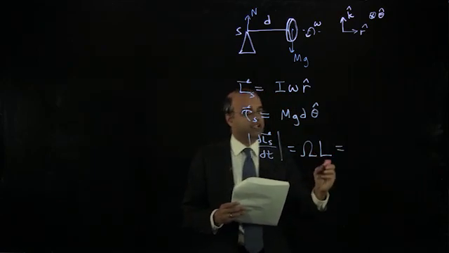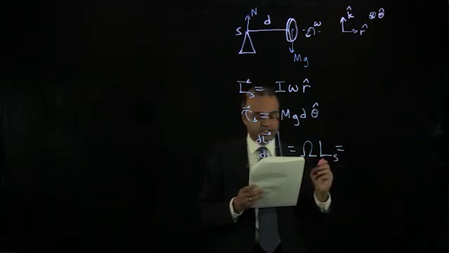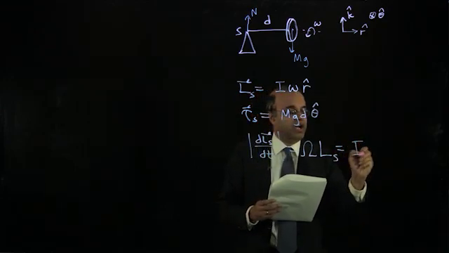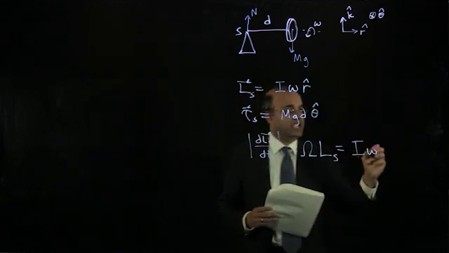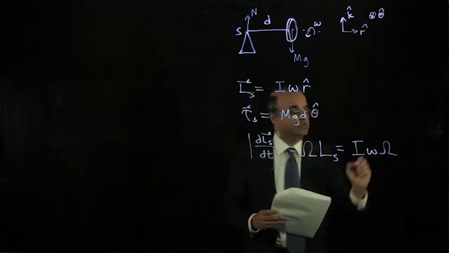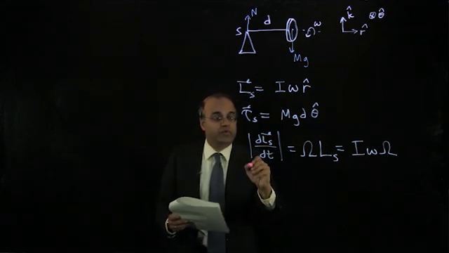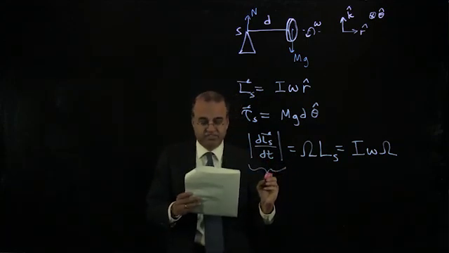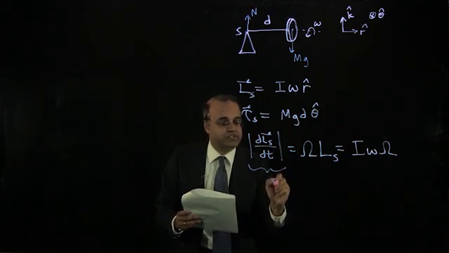And this is Ls. And so the length of that vector is just I times little omega. And then we multiply that by capital omega.